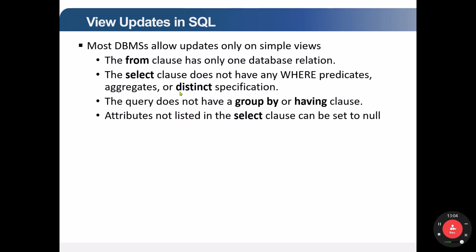And also the unique operation, distinct operation should not be used in the select query. Only if these conditions are true, we allow to insert a record into a view. Also, group by is not allowed, having is not allowed.